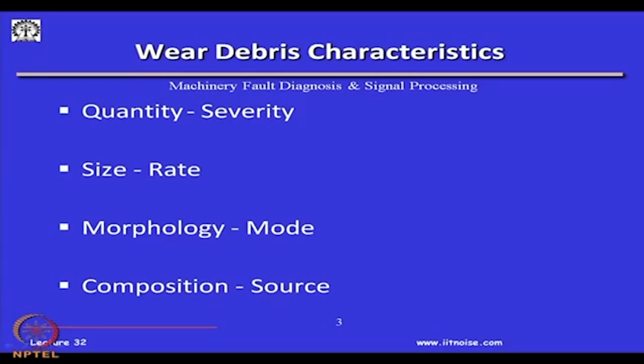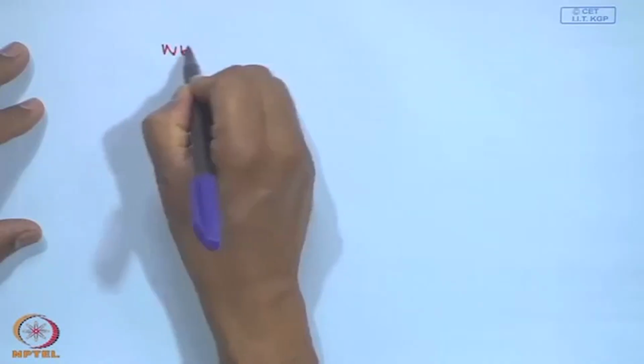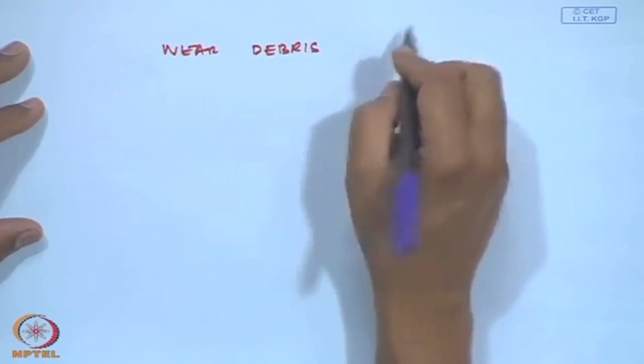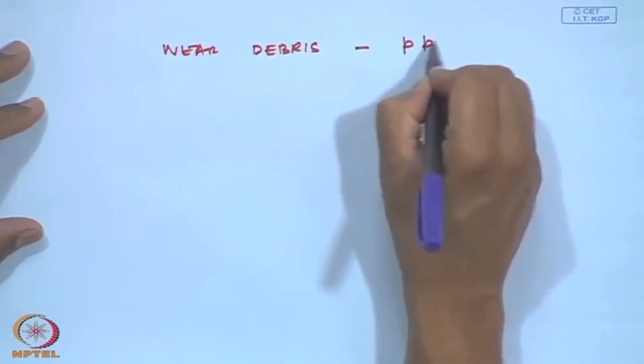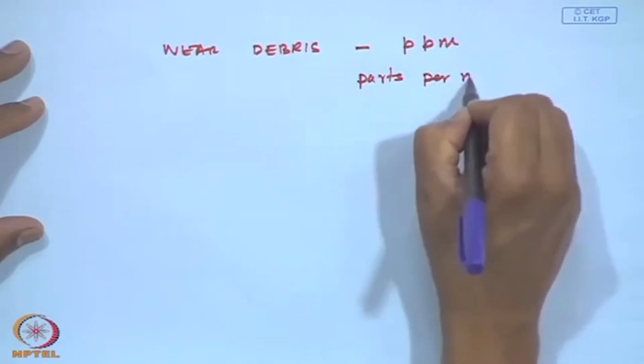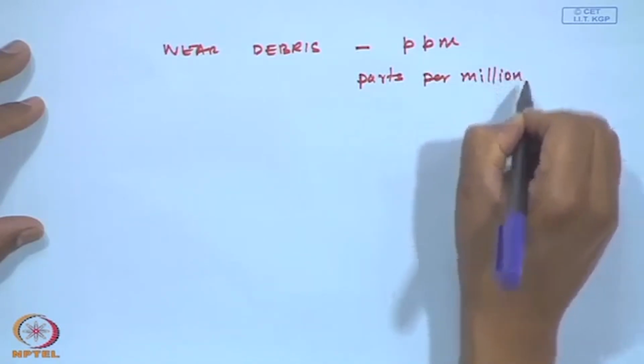As you will see here, the contaminants or the wear debris have certain characteristics. One is the quantity. Of course, if the quantity is high in a given composition, usually wear debris are measured in ppm, parts per million.